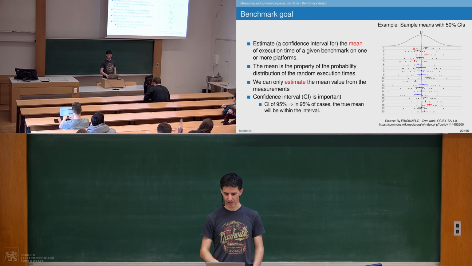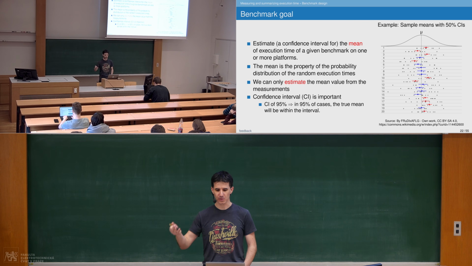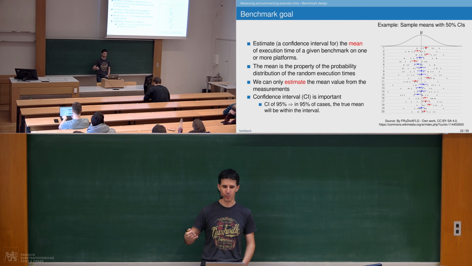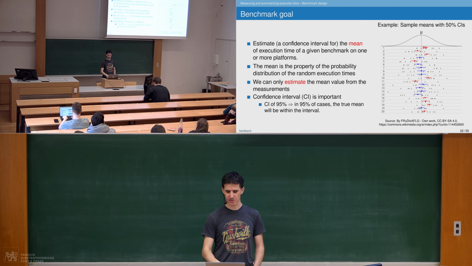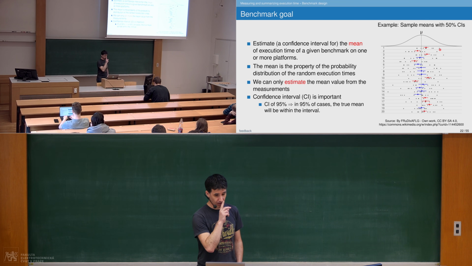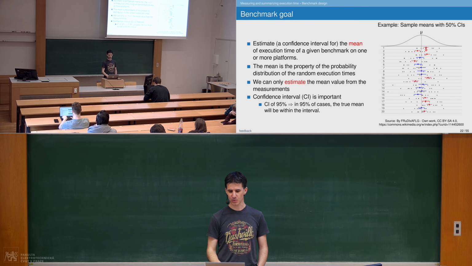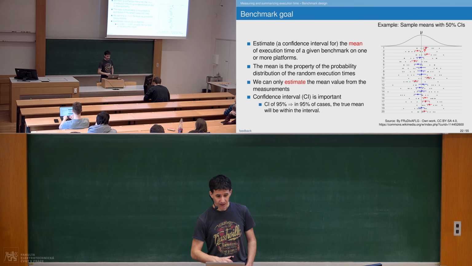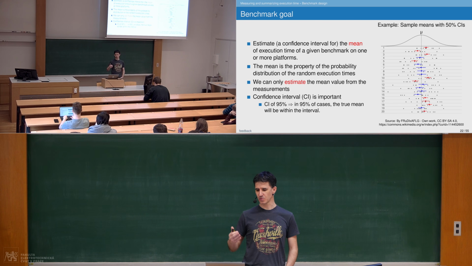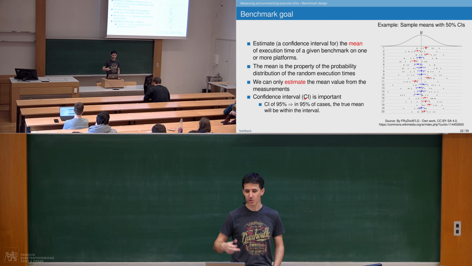So for example, it's like you take 10 measurements, you measure execution time 10 times in your program, and those are the samples that you will get from this distribution. You don't know this distribution, but you will get only those samples. What you will do, you will calculate the average from those samples, which is like the center of this red or blue line here. And you can also calculate those statistics, the confidence interval.